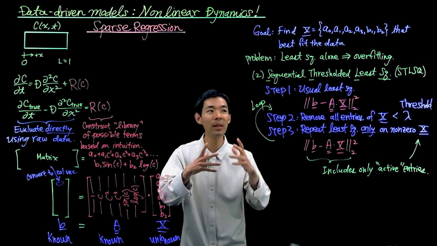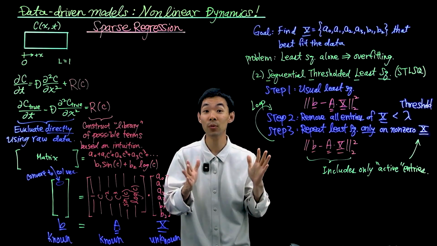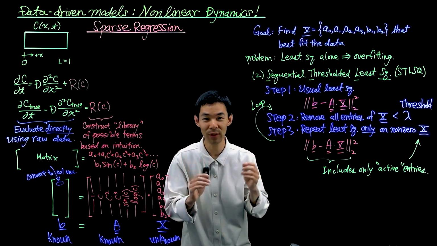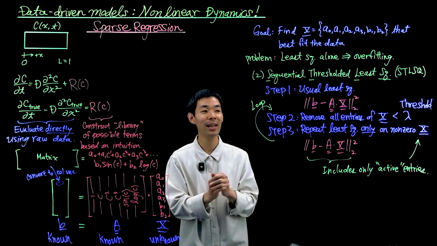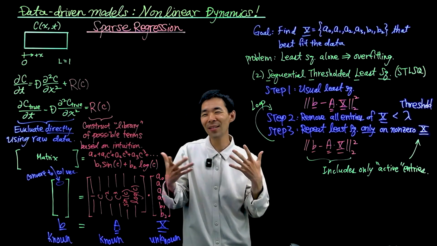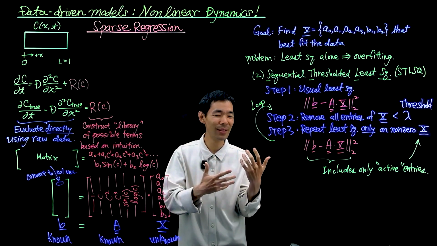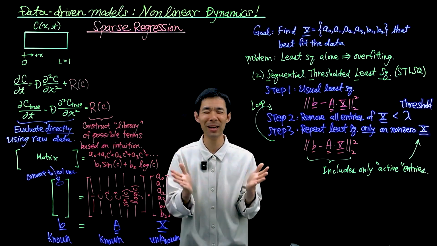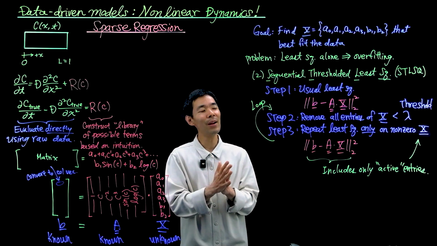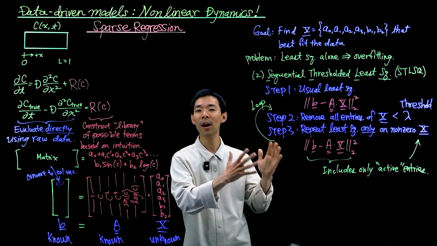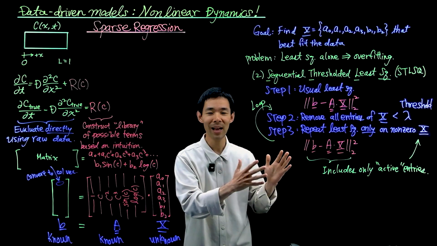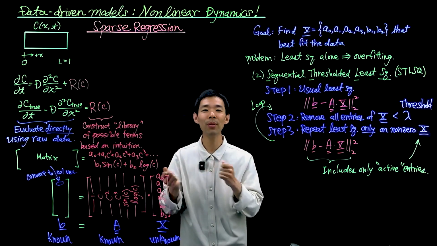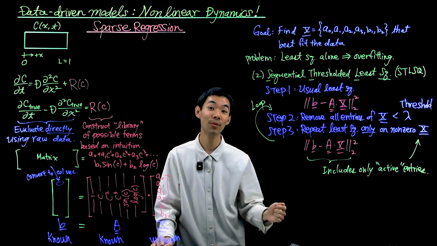There are several different ways that you can perform sparse regression, and it depends on the data set, depends on the functionality, depends on more than a couple of different factors. So it's not recommended to just dive to one thing automatically every single time and just trust that. It's good to try a couple of different sparse regression techniques and see what you get.